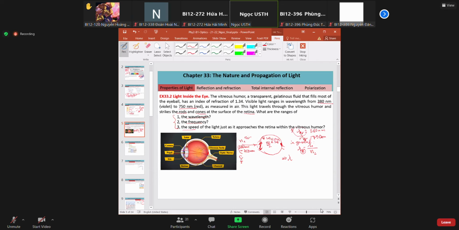Because now we change the index of refraction. How does it change? Let's call it lambda 2v, equal to lambda v1 in the first medium divided by n2.